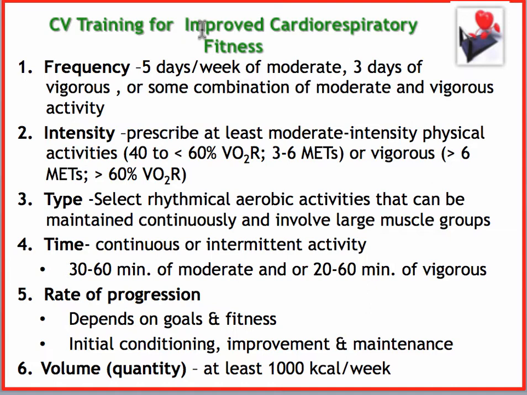So this is from like 2 to 8 months of exercise, and people are increasing their cardiorespiratory fitness pretty rapidly in that improvement stage. Or are they in the maintenance stage where they're cardiorespiratory fit, they're happy with their cardiorespiratory fitness, and now they're just trying to maintain that fitness level. And you want to think also about volume, and you want to think about having the initial goal, at least, that if your person isn't exercising for 1,000 kilocalories per week, that they should be exercising for 1,000 kilocalories per week.